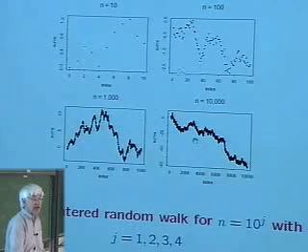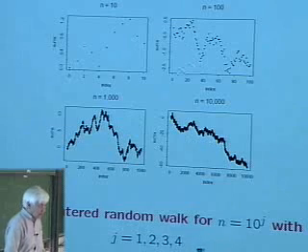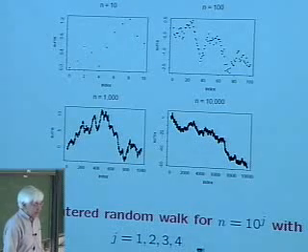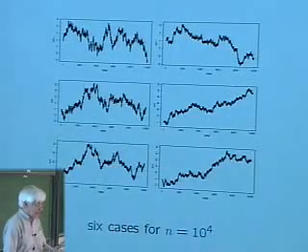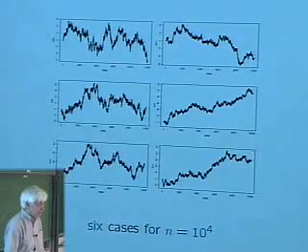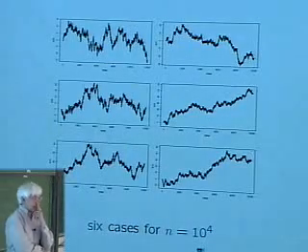The bottom two look about the same. But when you go forward and do more of these at larger values of n, you see this regularity, that the picture all looks the same. Here's the 10 to the 4th case again, and here's the 10 to the 6th case again.